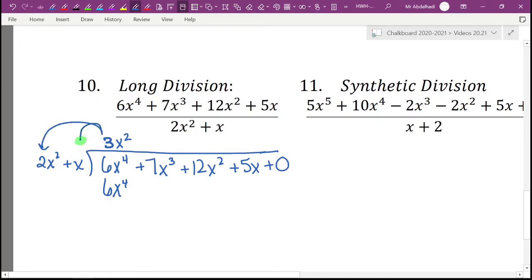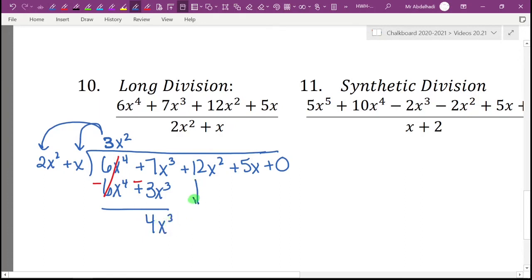And then you multiply this right here, and you get 3x to the 3rd. Okay, now you subtract. Subtracting means taking what you have here, flipping the signs, and then adding. Well, that cancels out, and 7x to the 3rd minus 3x to the 3rd is 4x to the 3rd.